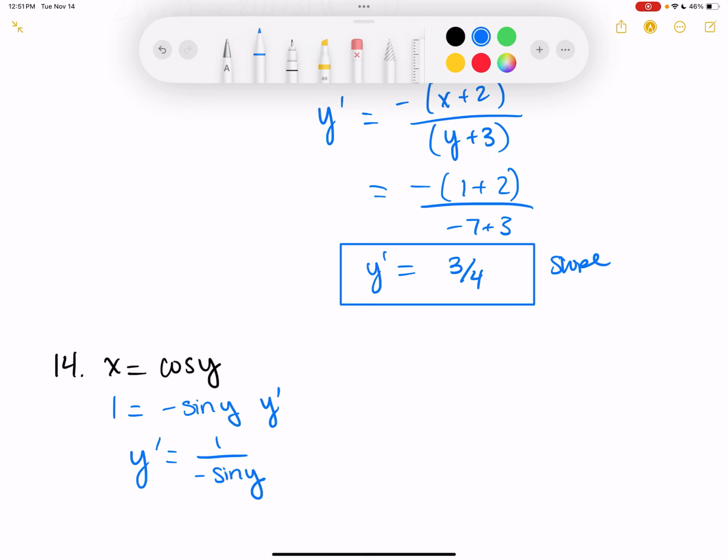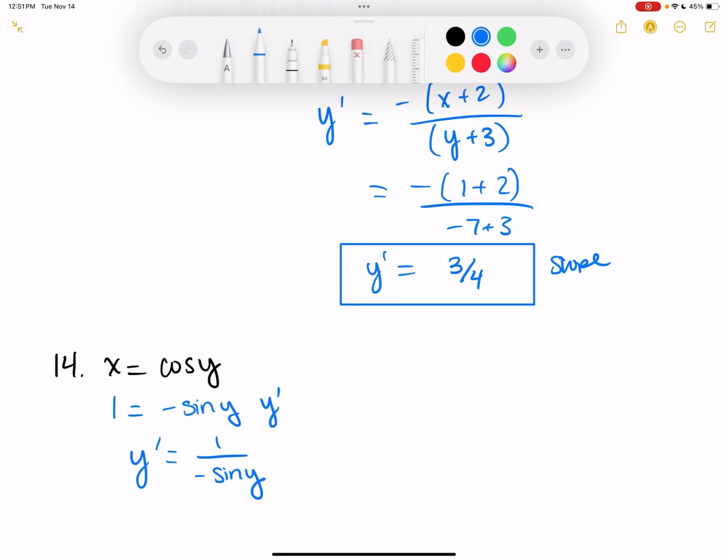Now, it wants to know where the slope is defined. So essentially we're saying the opposite of where it's going to cause a problem. What would cause this to be undefined?